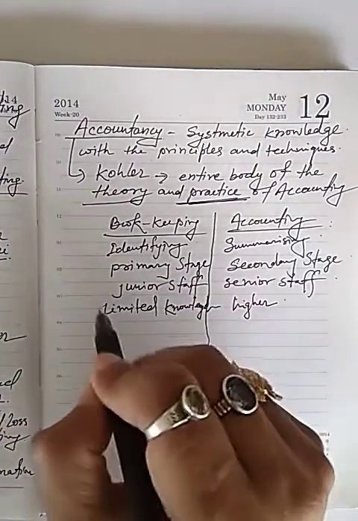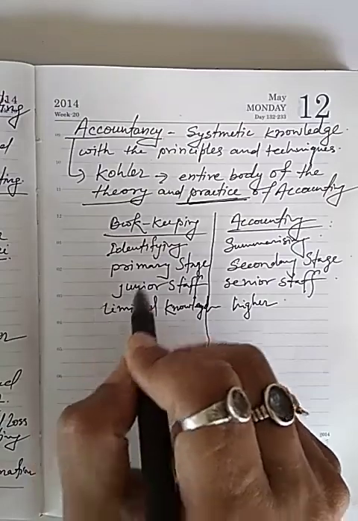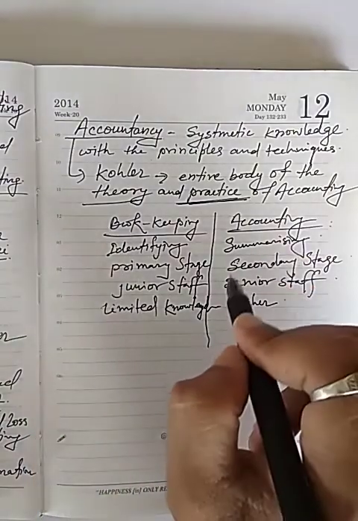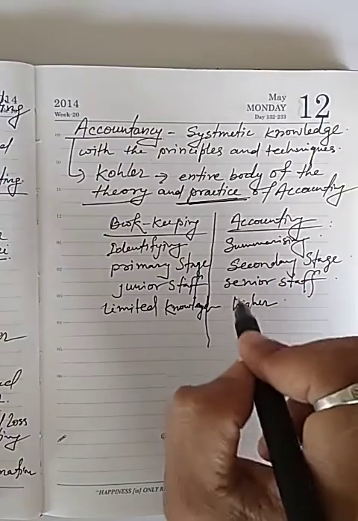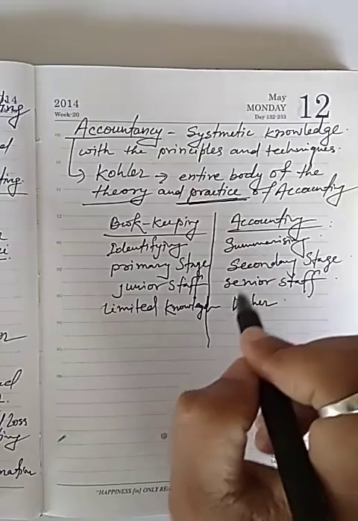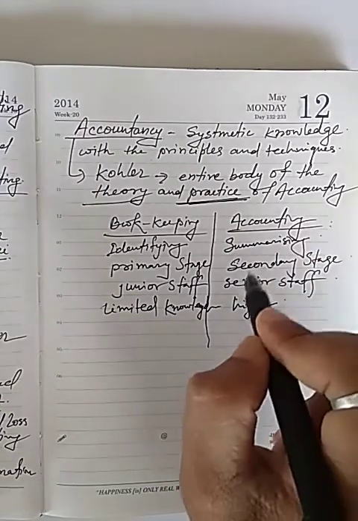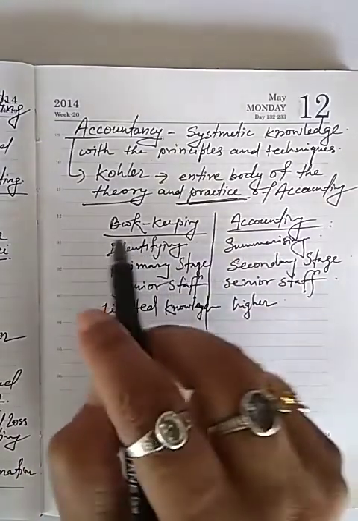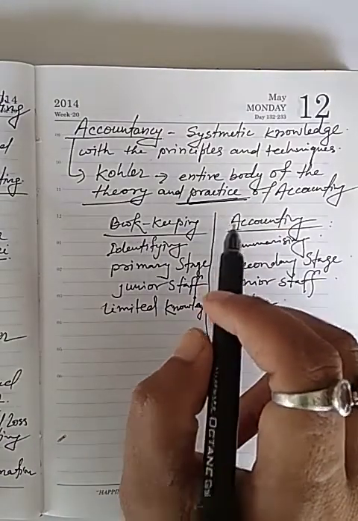The bookkeeper is not required to possess analytical skill, but the accountant is required to possess analytical skill to perform the work of accounting. So these are the differences between bookkeeping and accounting.